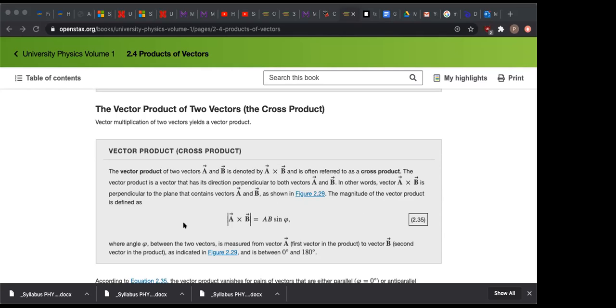The magnitude of A cross B is easy to calculate. It's just the magnitude of A times the magnitude of B times the sine of the angle between them. It looks very much like the dot product in that way, except it's a sine instead of a cosine.